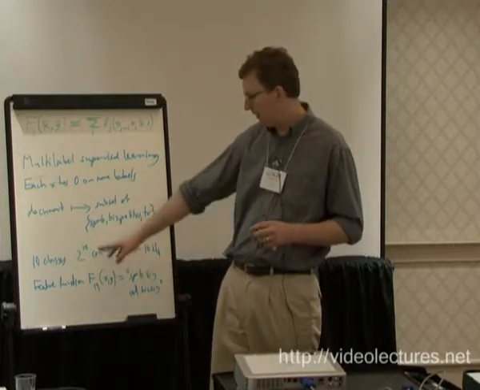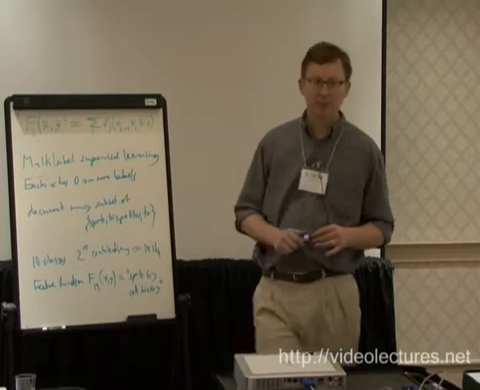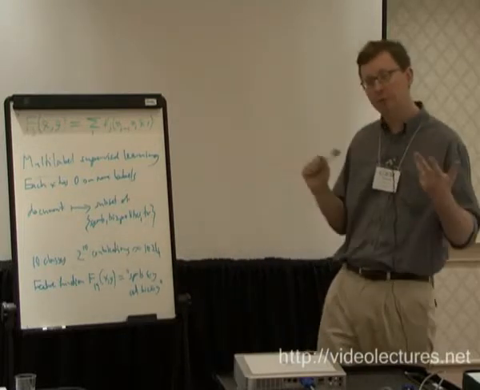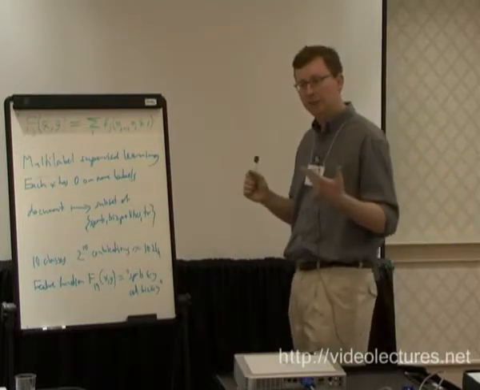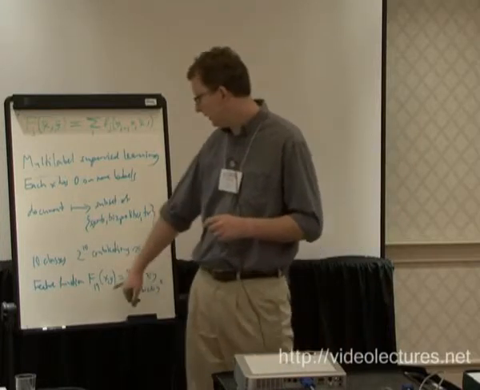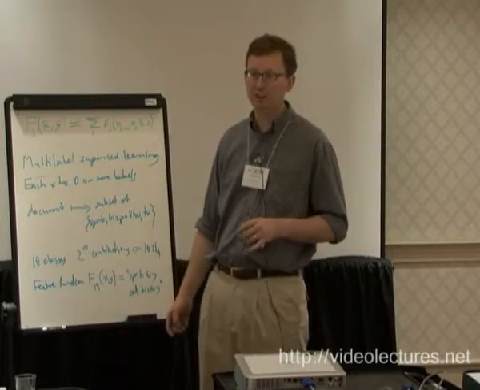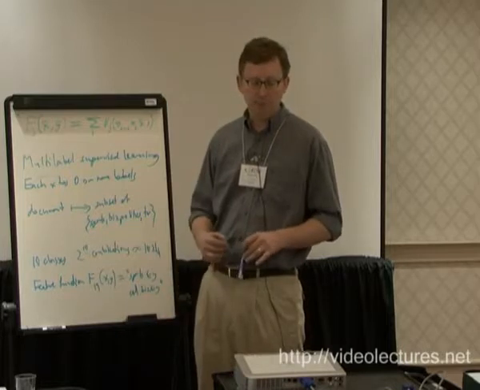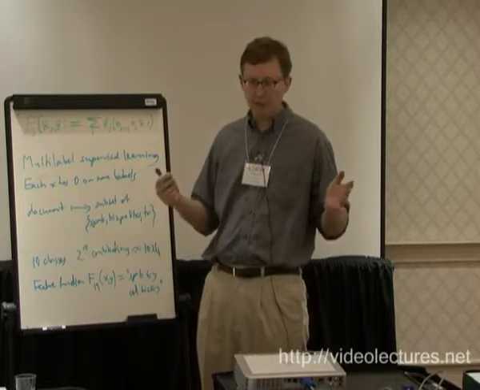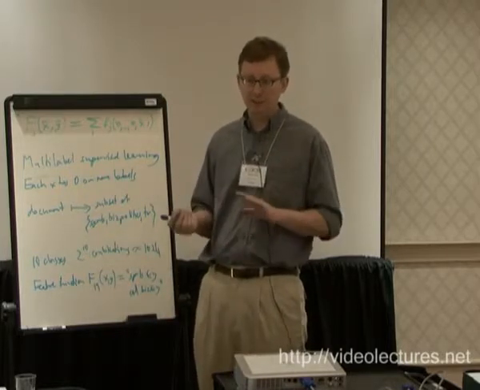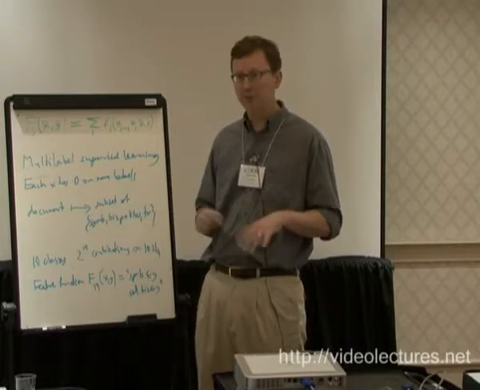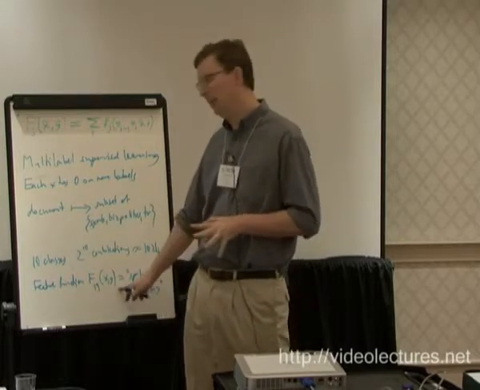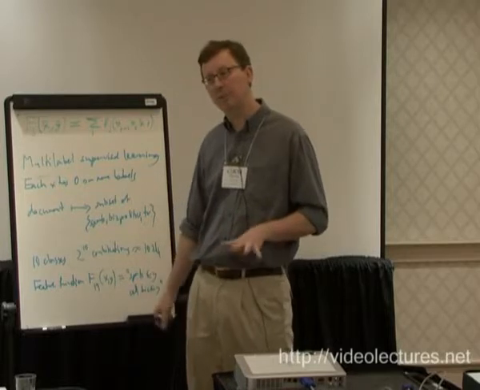If we have 10 classes, then there are 10 choose 2, 45 possible pairs. And so I could have 45 feature functions like this. And if I have a lot of training data, I probably have enough examples of each pair to learn a reliable preference for or against that pair.